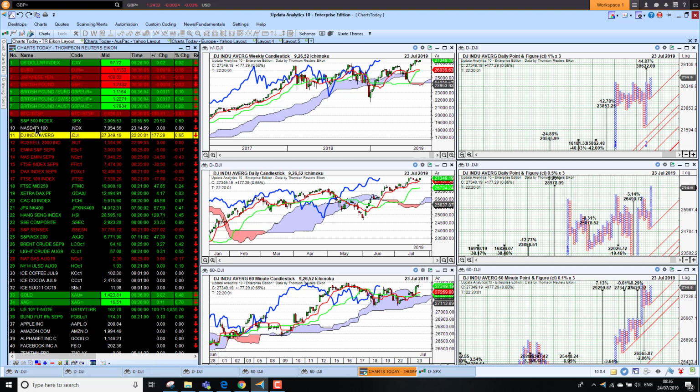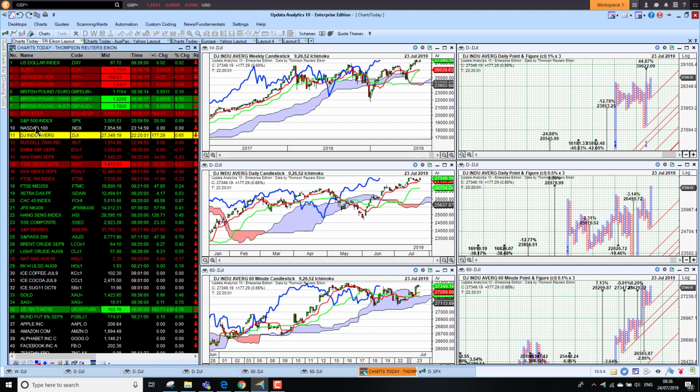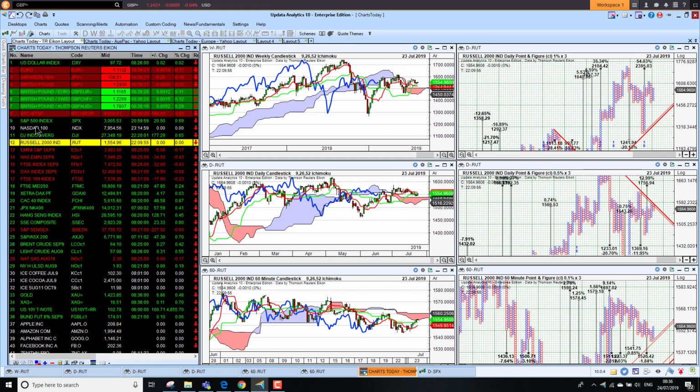Nasdaq stocks, the major ones, the bellwethers, actually sold off quite heavily last night in after-hours trading on the announcement of an investigation by the Justice Department in the US. So we should expect to see some quite big falls in Nasdaq stocks today. And if we look at the Russell 2000 index, still struggling to break higher, so the breadth is still a concern there.